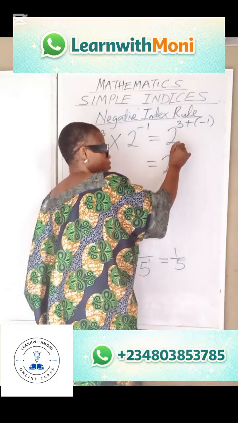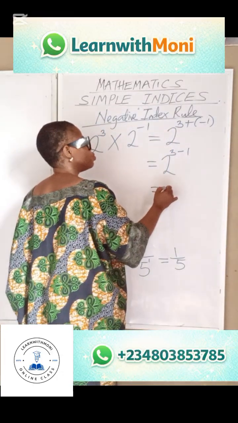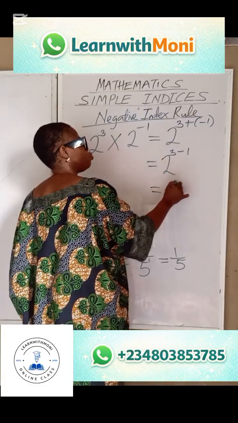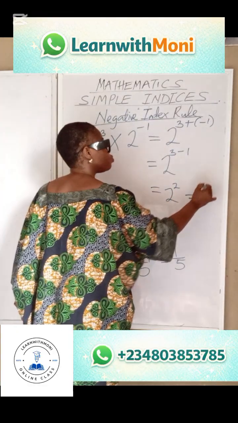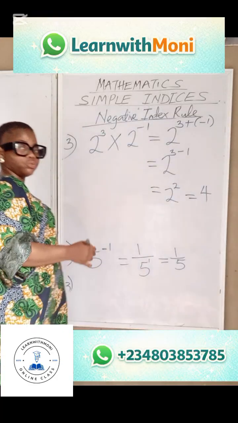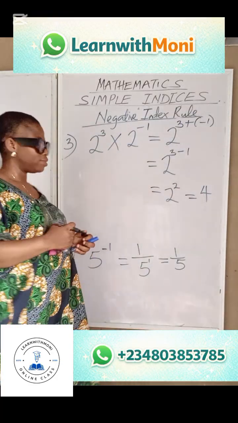Plus times minus is minus 1. That is equal to 2 raised power 2, since 3 minus 1 is 2. 2 raised power 2 is 4, 2 times 2. So this can be simplified this way.